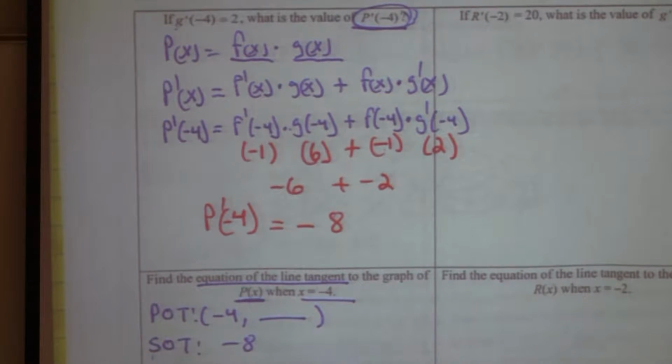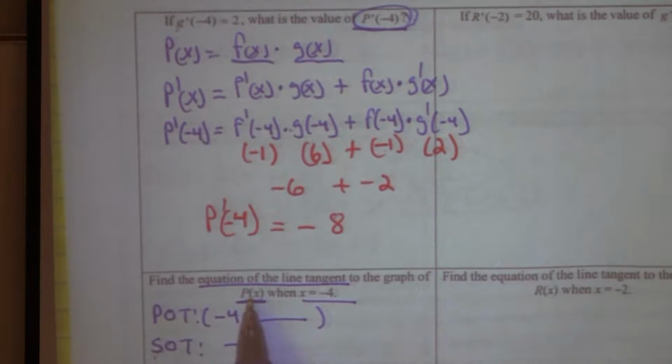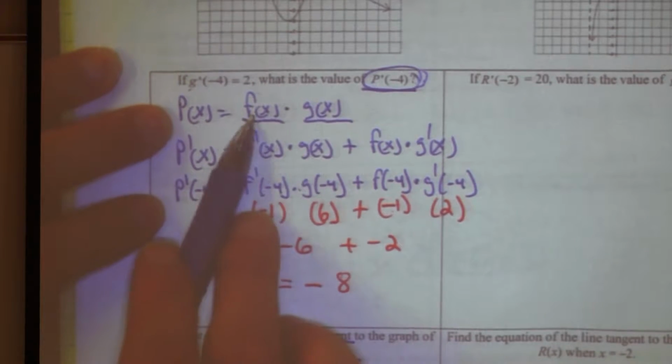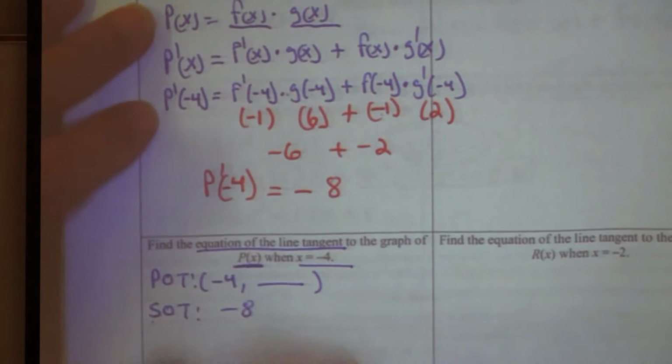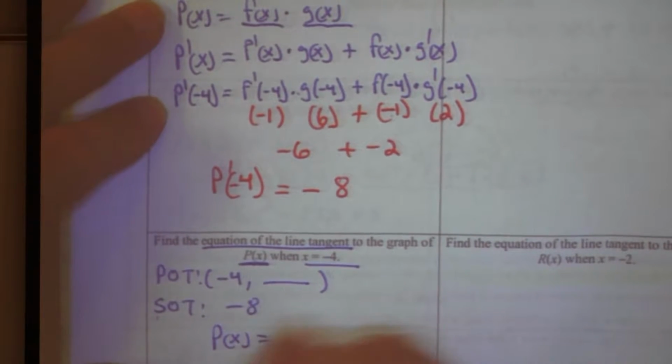How do I find the y value? Plug in an x, right? Into what function? The original one, right? Well, what was p of x? Ooh, okay. So we know p of x is f of x times g of x.